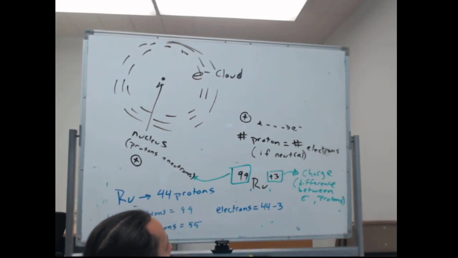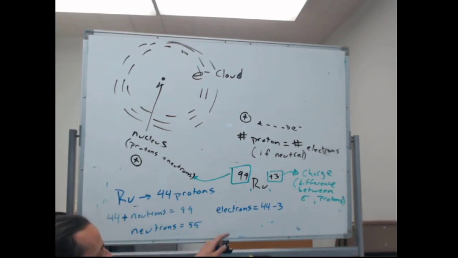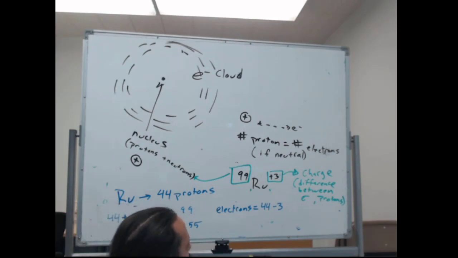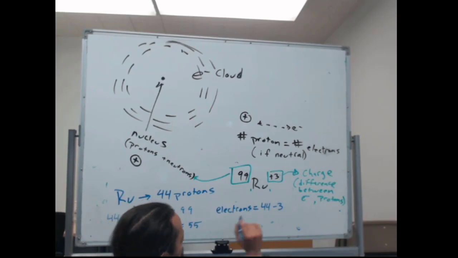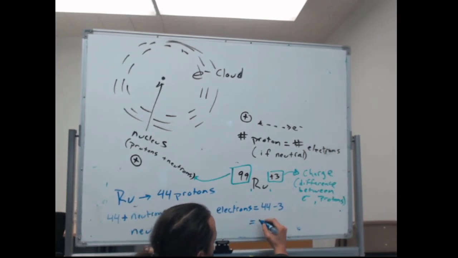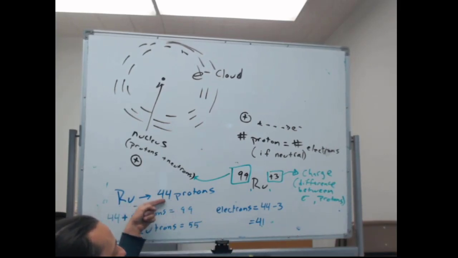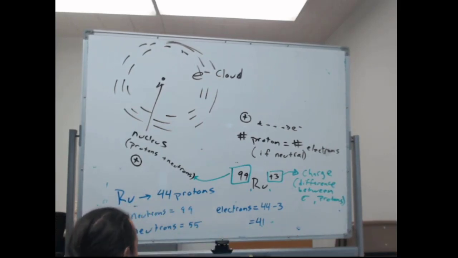Because I want fewer electrons than protons, and I want that number fewer to be the charge. Removing electrons, making it so we have 41 electrons, will mean we have 3 more positive charges than negative charges. So we're going to end up with 41 electrons.